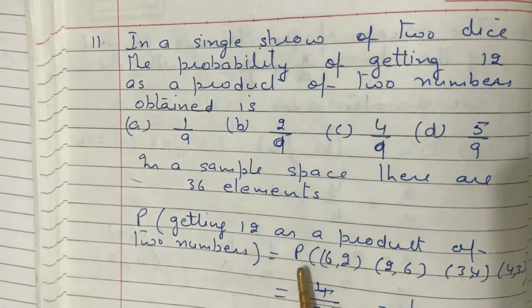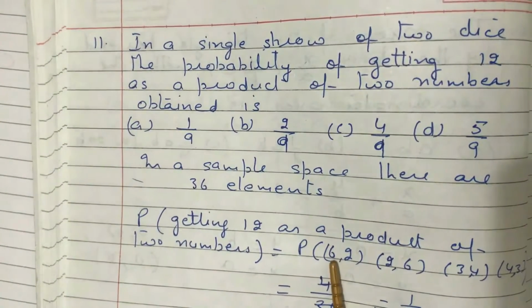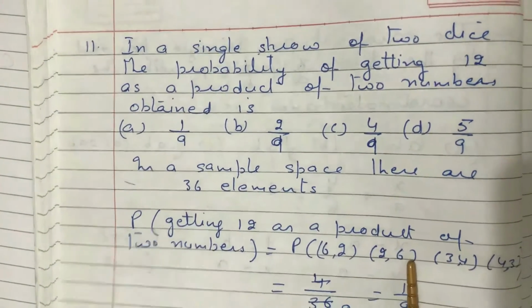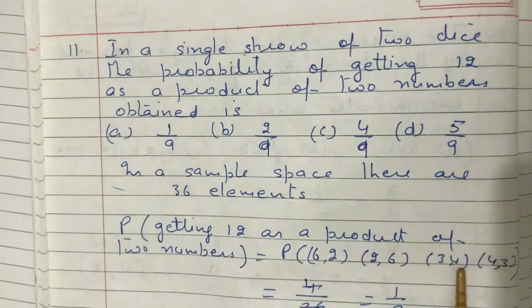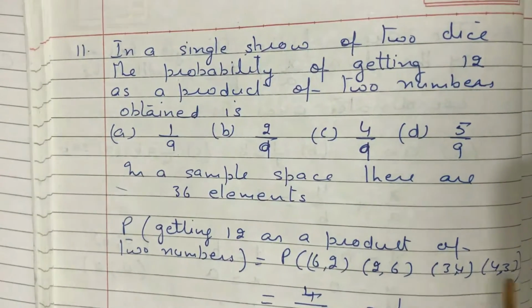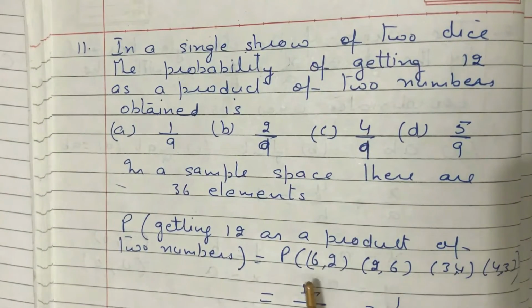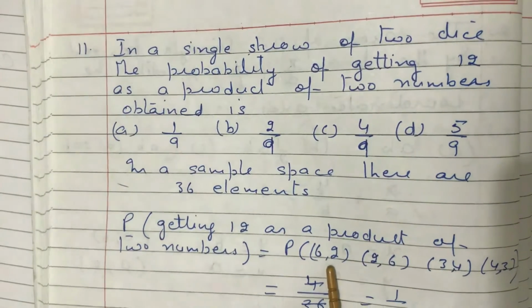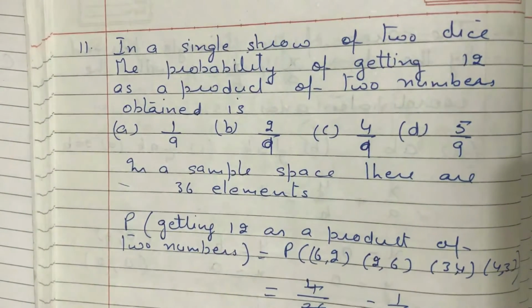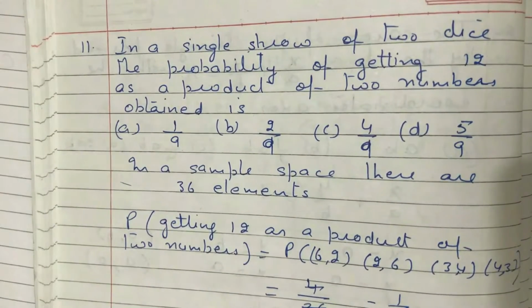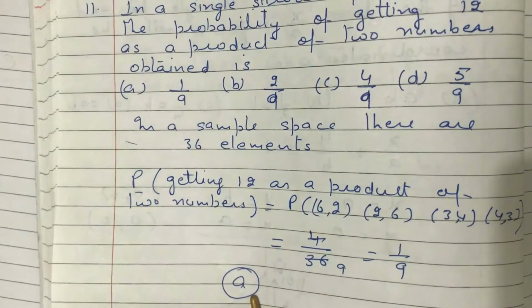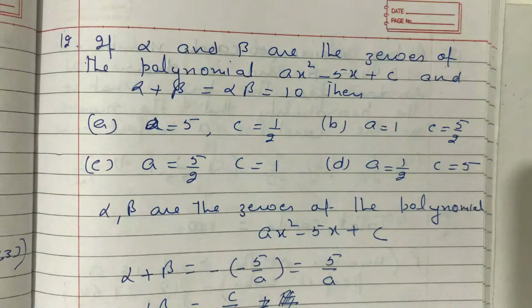It means in one die it should be 6, on the other die it's 2. On one die it's 2, other die it's 6. On one die it's 3, other die is 4. On one die it is 4, other die it is 3. So in all these four cases, their product is 12. So its probability is 4 upon 36, that is 1 by 9. So A is the option.